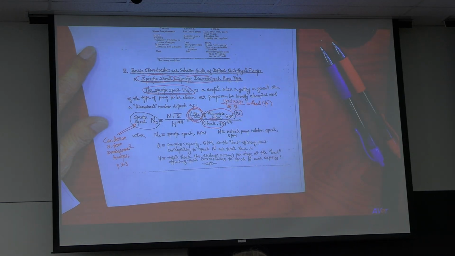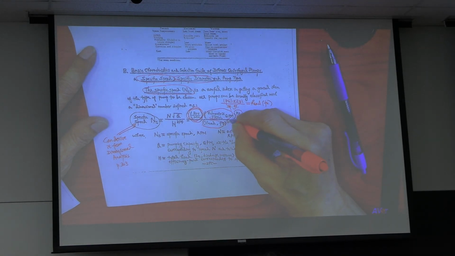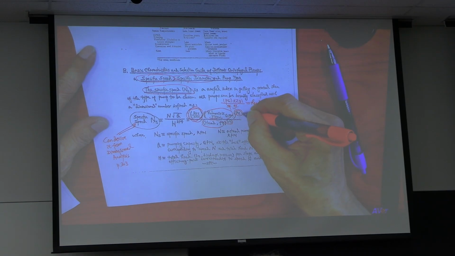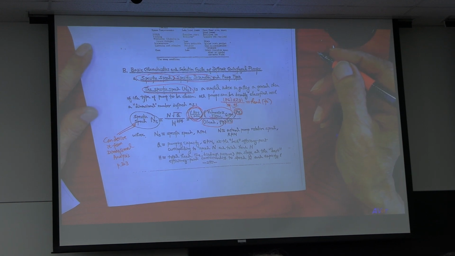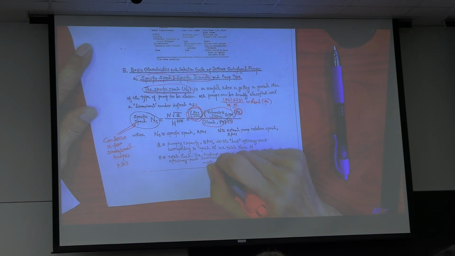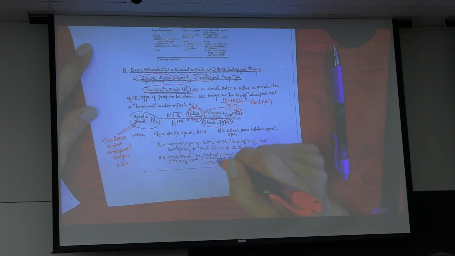This relationship is a little strange. 3/4 power, 1/2 square root. You actually can develop this from dimensional analysis, which we'll do in a minute. Why is the importance of specific speed?